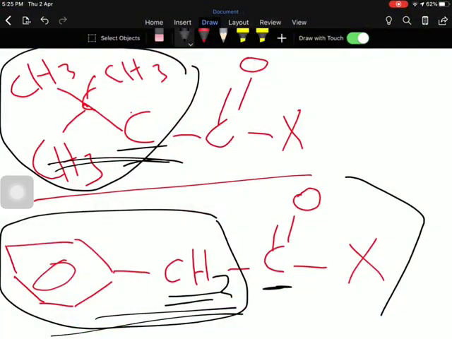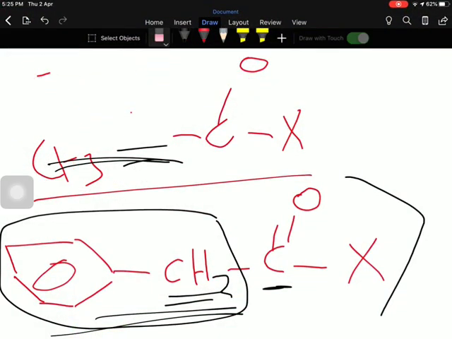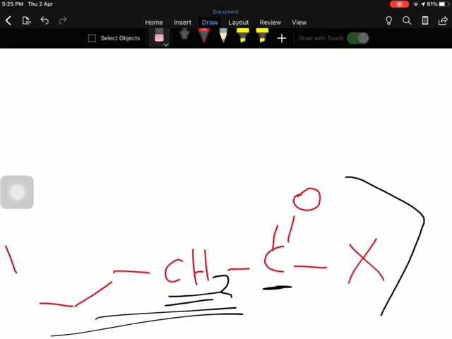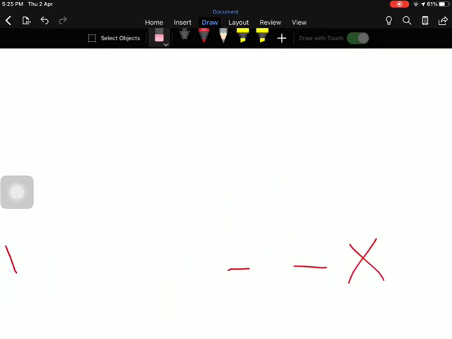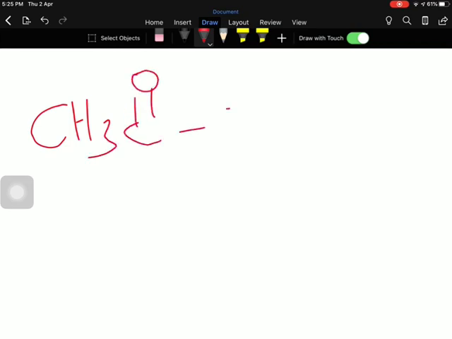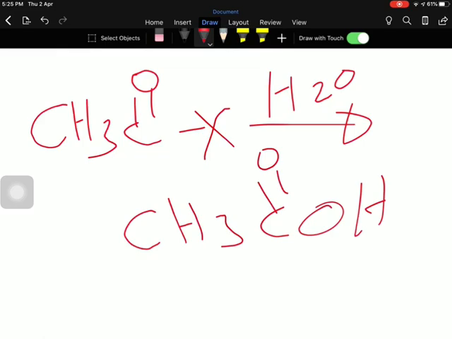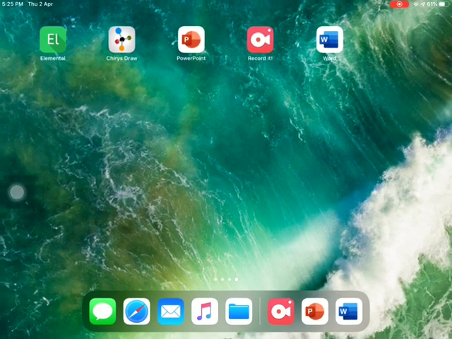For example, if we have an acid halide, CH3, C double bond O, X, with water, H2O, it directly undergoes hydrolysis to get CH3 and the parent compound, the carboxylic acid, OH. This one is called hydrolysis.